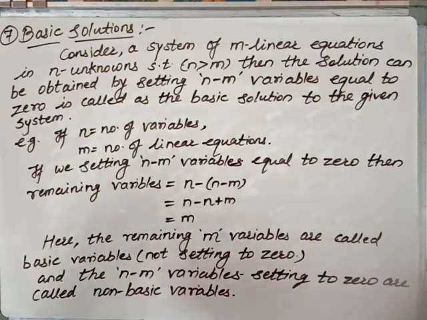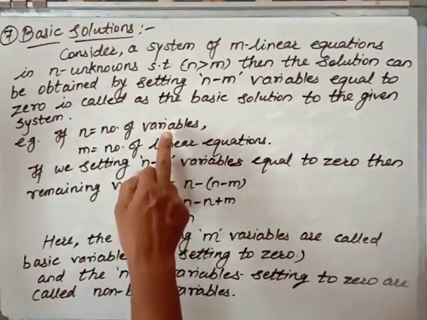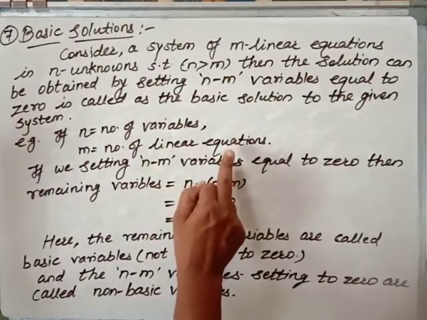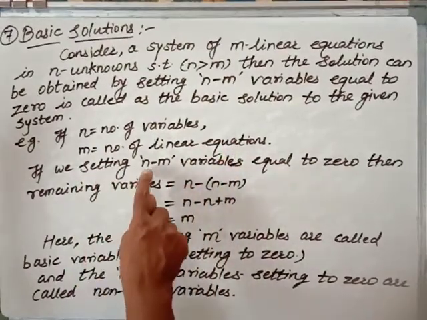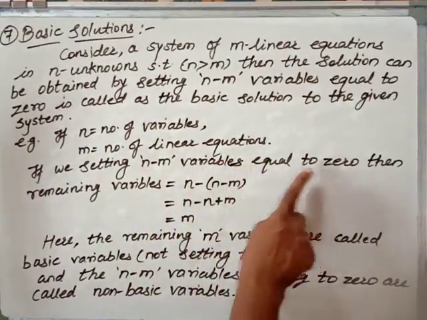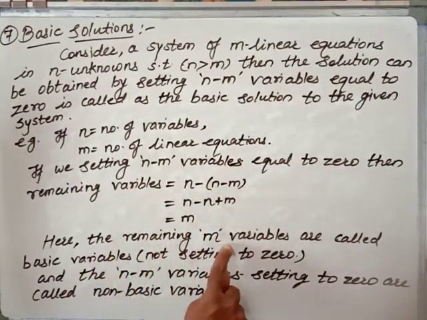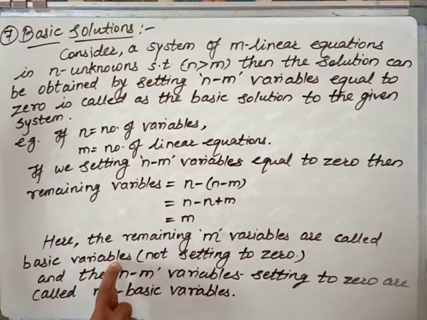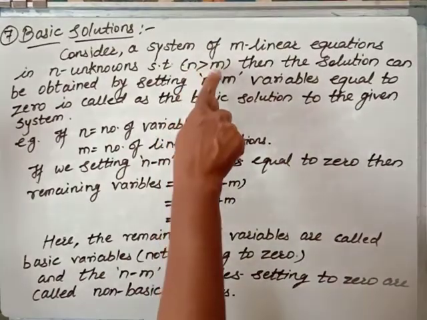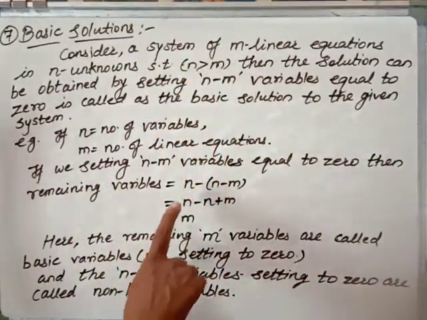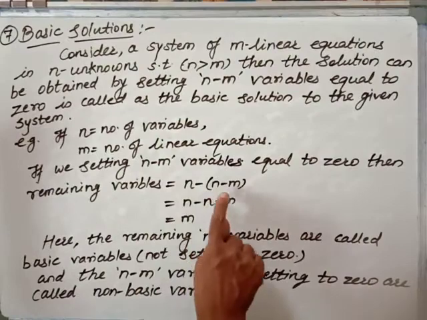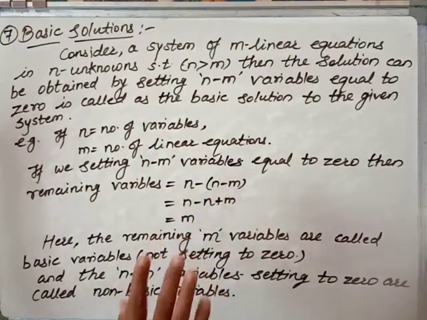Is it clear to you? We are taking n variables and m equations, and we have to set n minus m variables equal to 0. Then the remaining variables are m, and those are known as basic variables, while the n minus m variables are known as non-basic variables. Here we are taking n greater than m, so obviously n minus m will be some positive value.